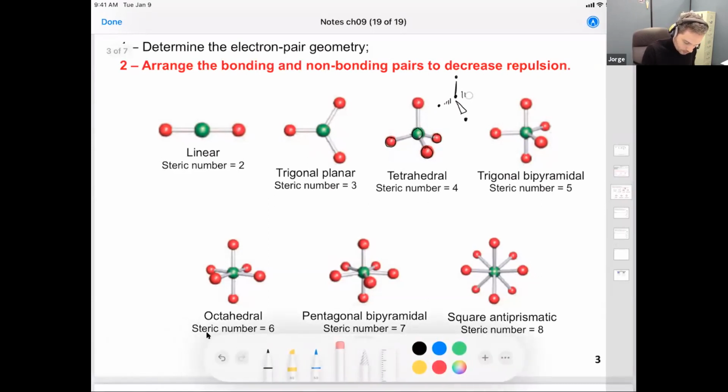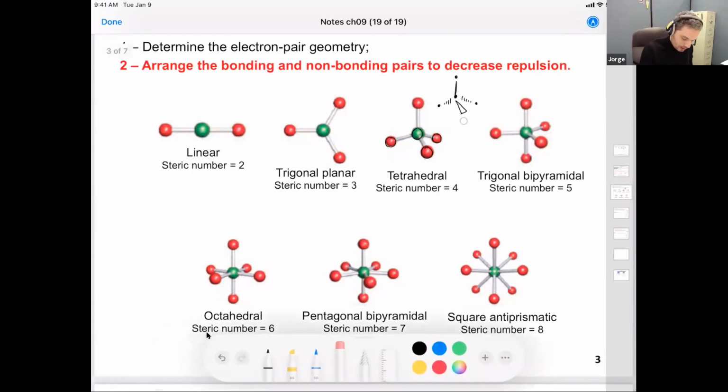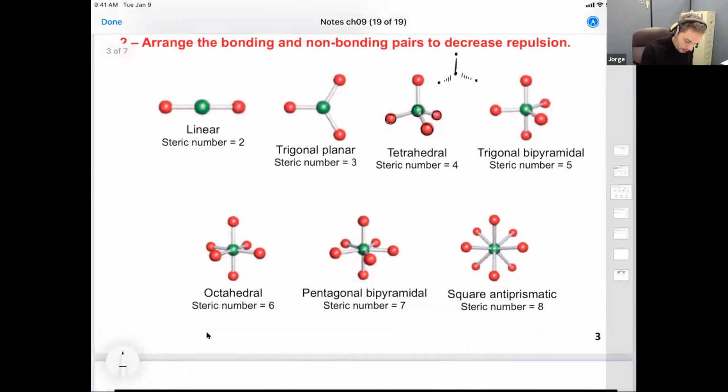Let me draw this better. And that will give us a better idea about the 3D shapes. Okay. Using solid bonds, dashed bonds, or that kind of bold bond here. Okay, so that's the representation used to better visualize a 3D structure and the organization in the space.